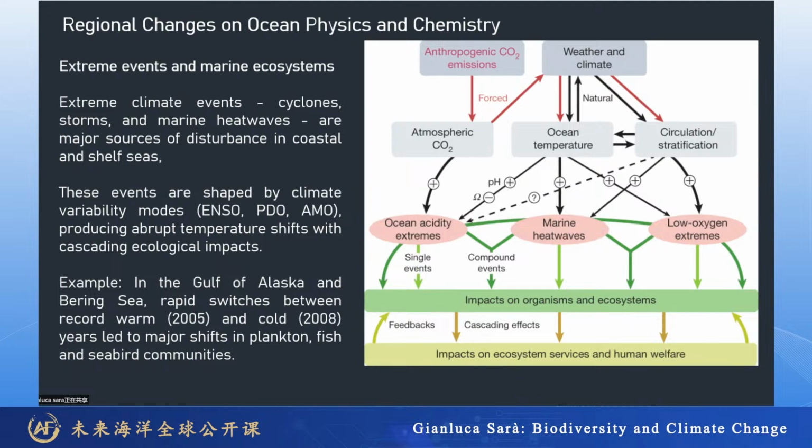When we have different kinds of drivers acting all together, this produces a compound effect. Very often the compound effect is really not predictable. And then our ability to predict the effect of all possible multiple stressors all together is really low.